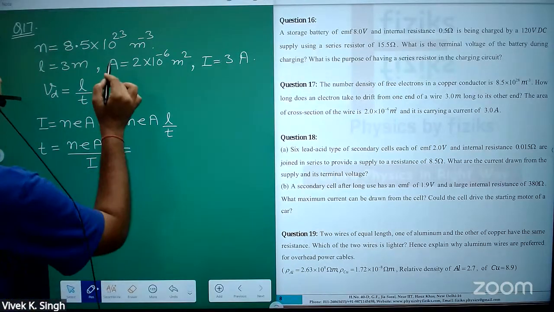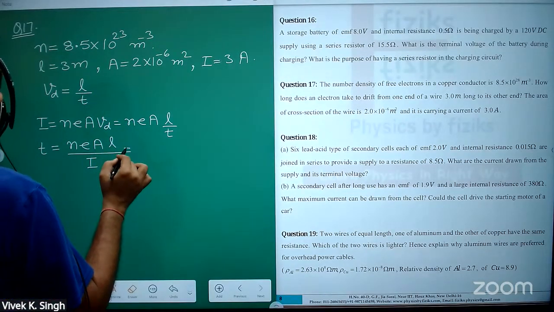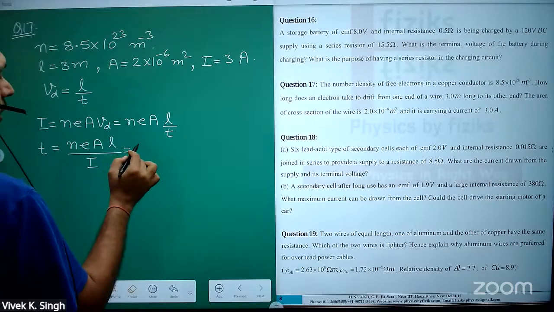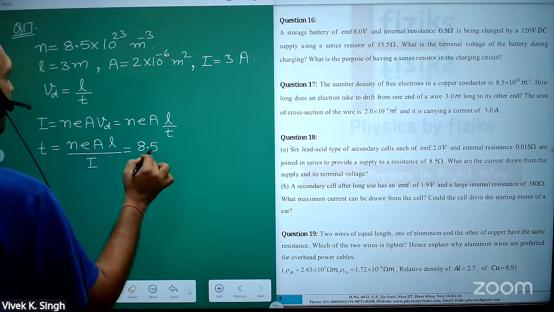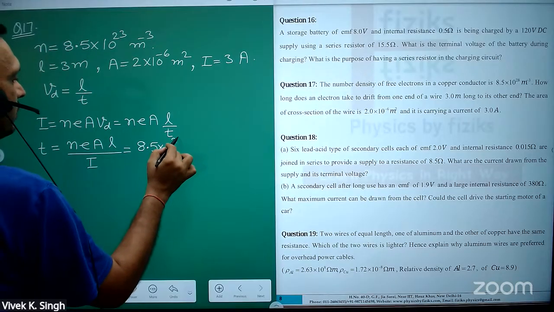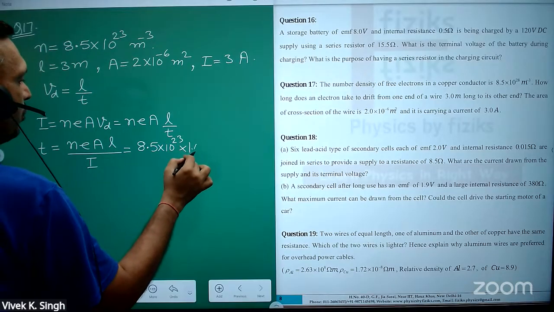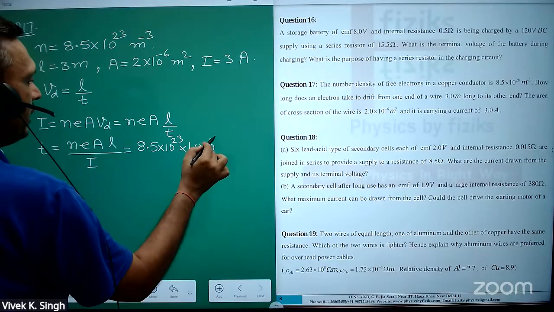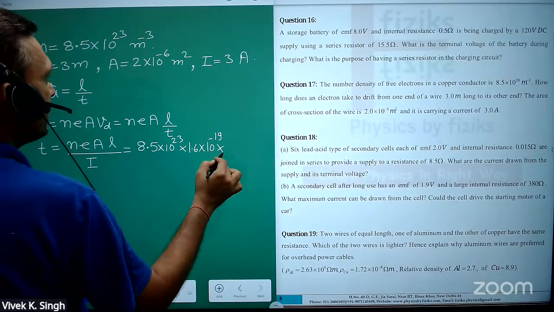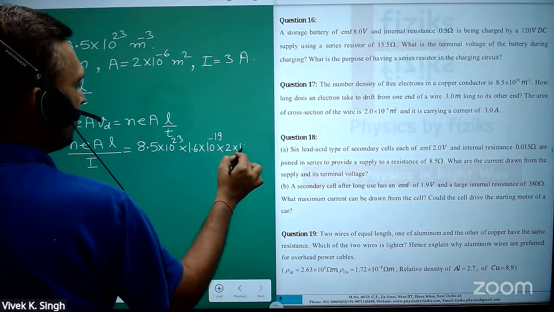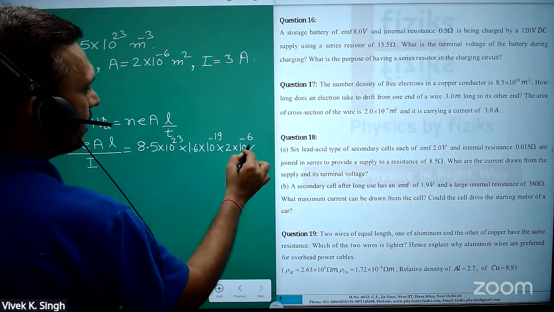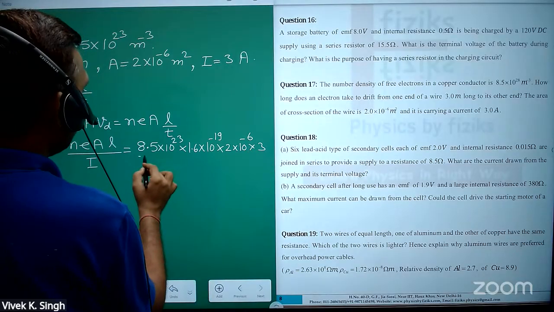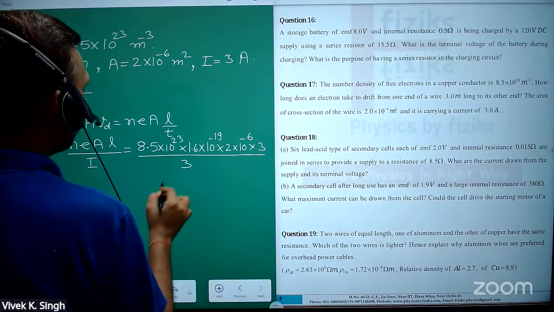So n is given as 8.5 times 10 to power 23. e is 1.6 times 10 to power minus 19. Cross-sectional area is 2 into 10 to power minus 6. Length is 3 meter, divided by current, which is 3 ampere.